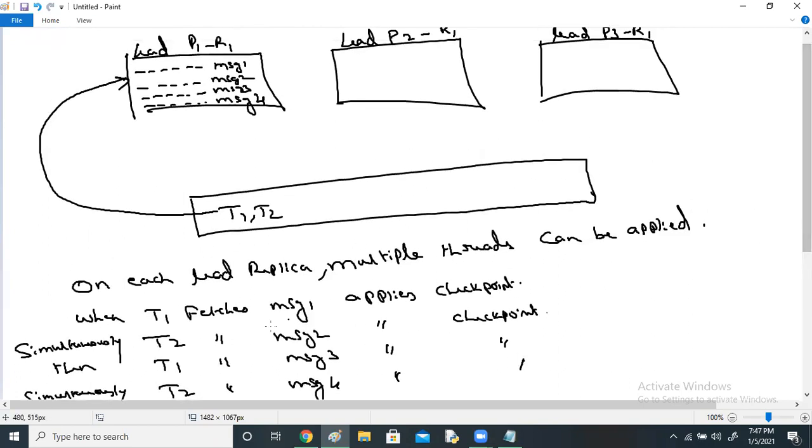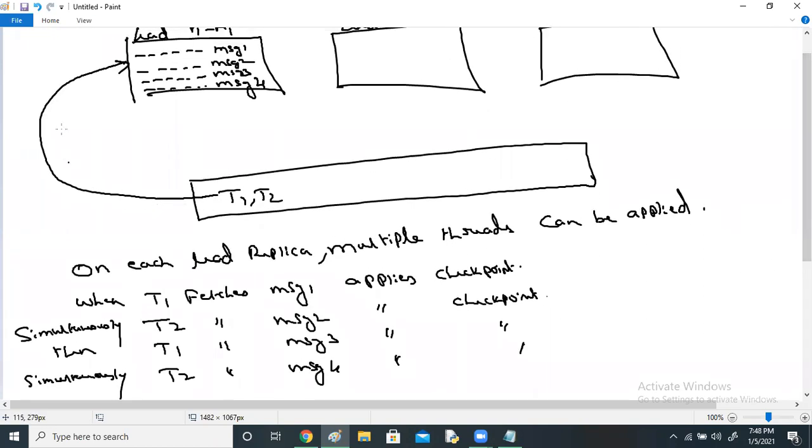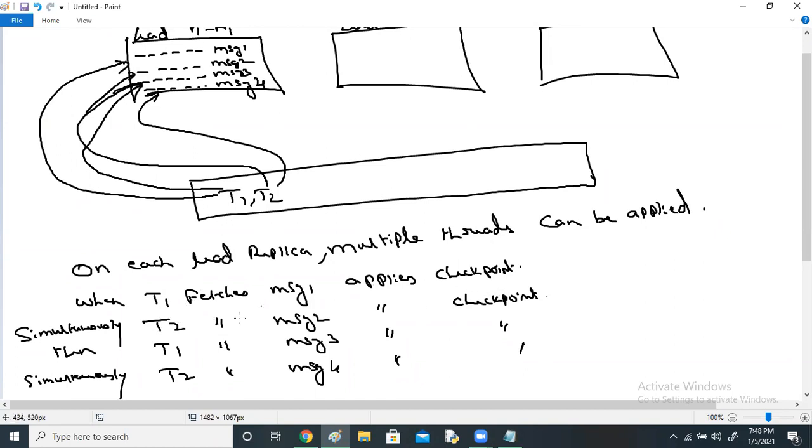Then T1 fetches message 3 and applies a checkpoint. Again T2 fetches message 4. On each lead replica, multiple threads can be applied.